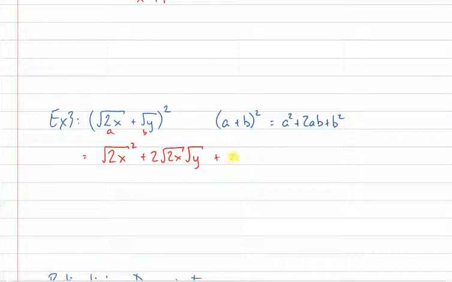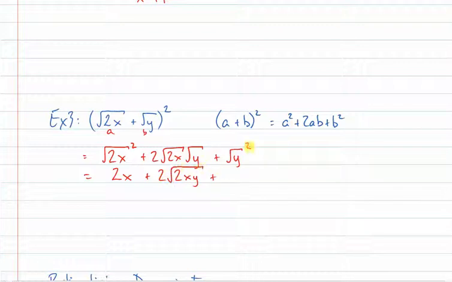Then I'm going to have the root of y squared. Okay, the square and the square root are inverses that cancel. These are both radicals with index 2, so I can write 2xy all inside of one radical. And y squared square rooted, again inverses that cancel.